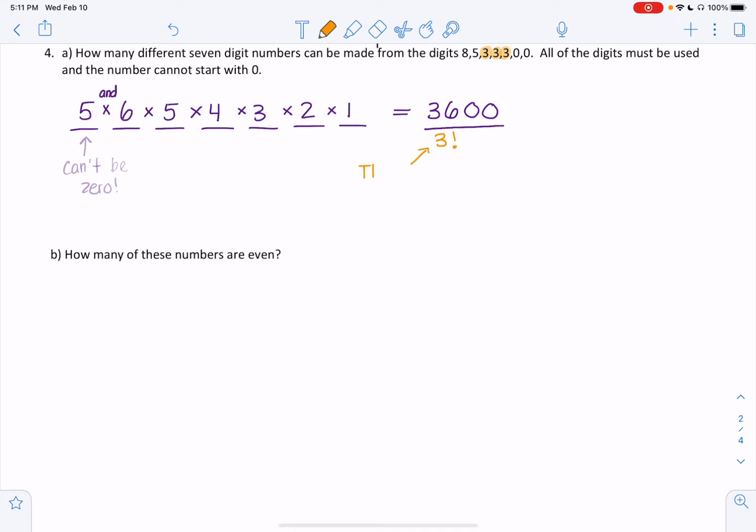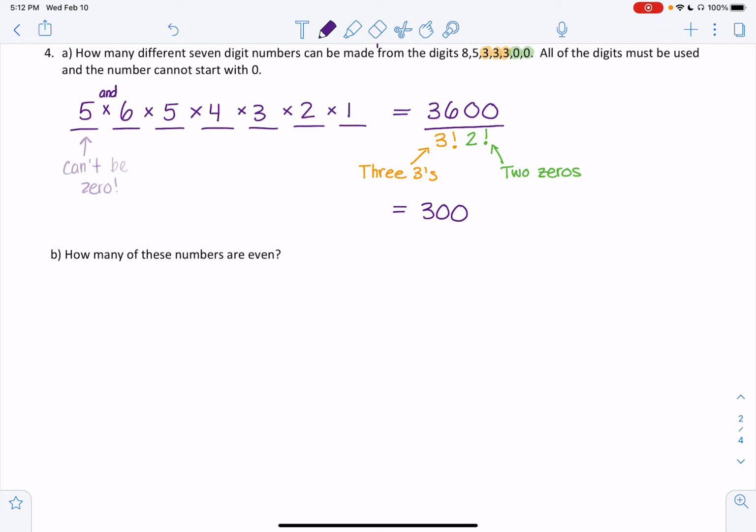Now I also have 2 0s, so I also need to account for those. I divide by 2 factorial for my 2 0s. So now I can divide that, and that equals 300.